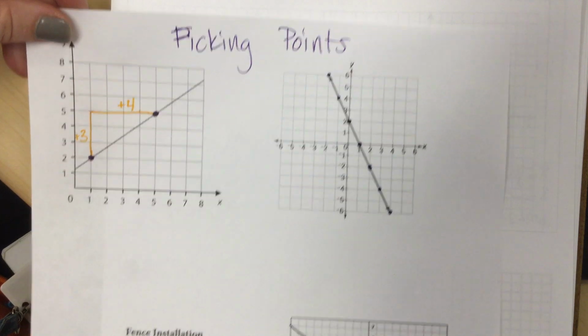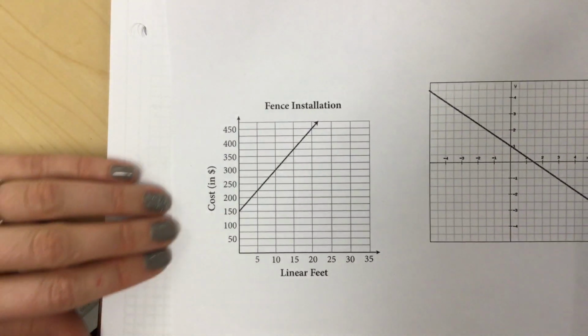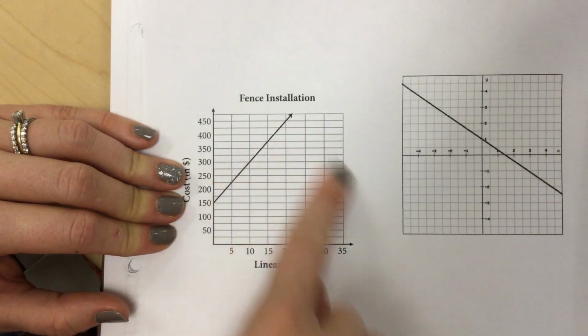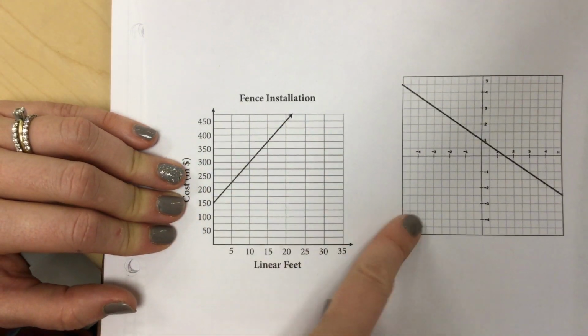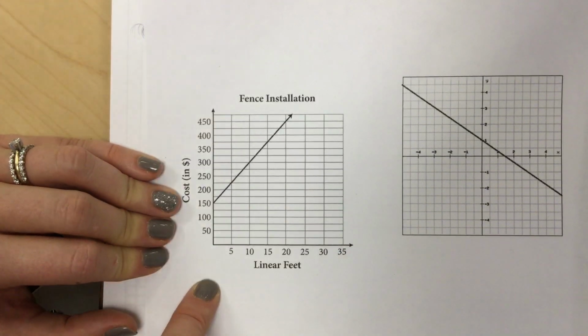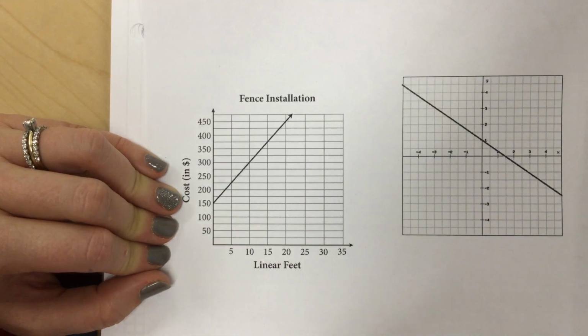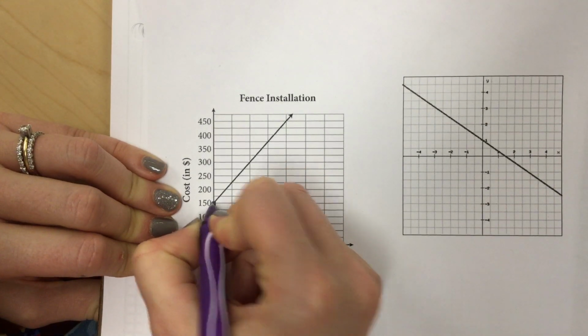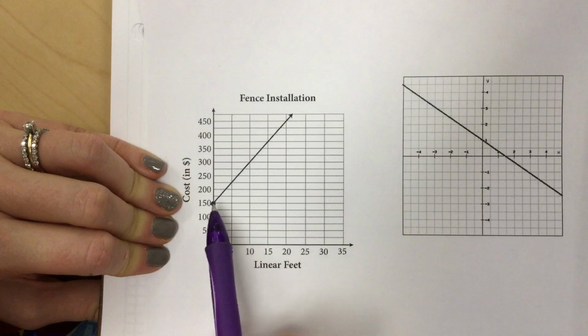Okay, now sometimes the graph will look a little different. Here we have a graph that looks a little bit different than the other square grid that we've been using because of the spacing here. So again, we're lucky enough to have a perfect y-intercept there. That's a nice point.